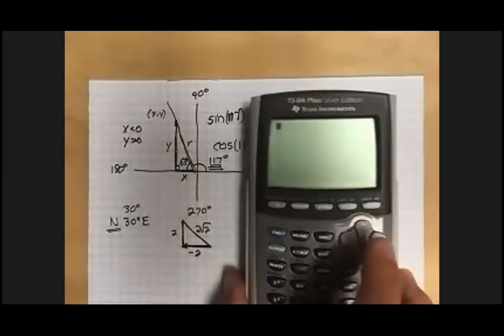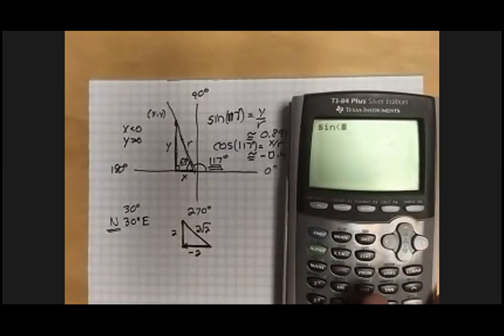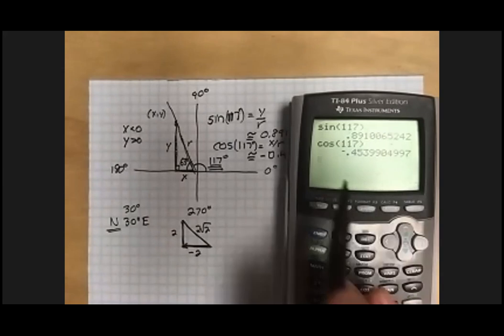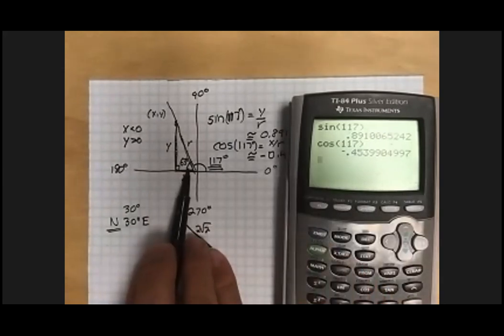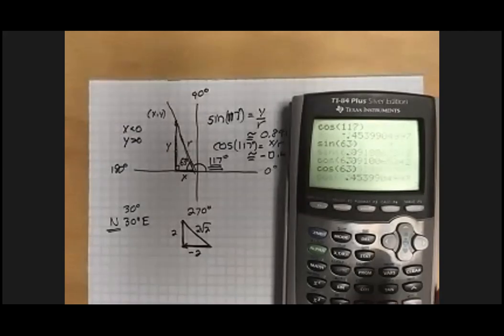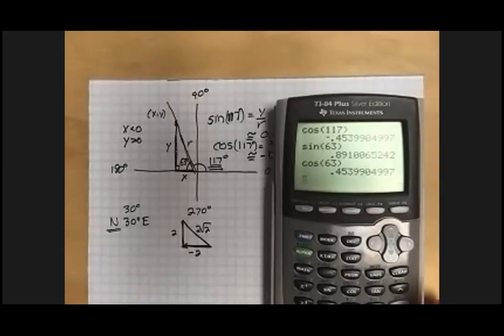Let me clear the screen and write sine and cosine of 117 again. Again, crazy numbers that I cannot know for sure because this is not one of my famous angles. Now let's write sine and cosine of 63 degrees. Do you see that they're the same?